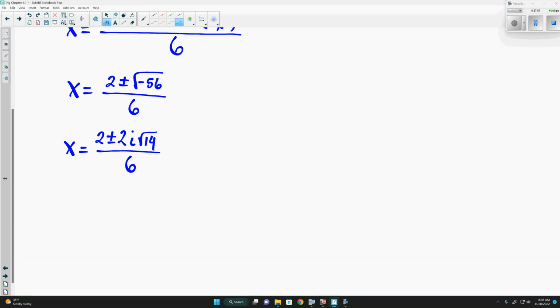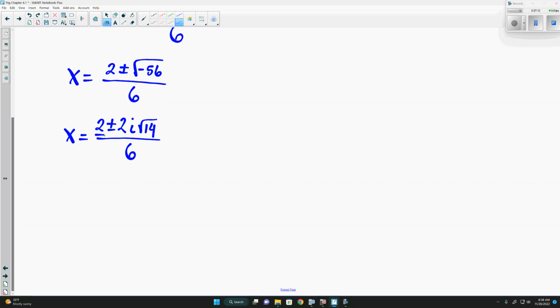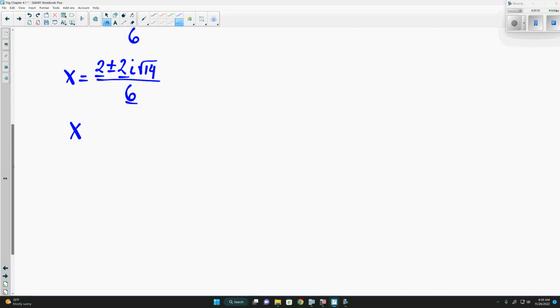Questions on this here? Are all 3 terms divisible by 2? So we can simplify that. Now for algebra 2, most of the time it was kind of the other way around. The numbers on top of the fraction were bigger than the bottom.